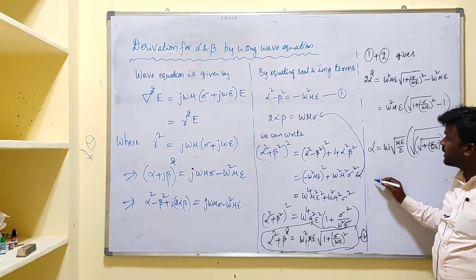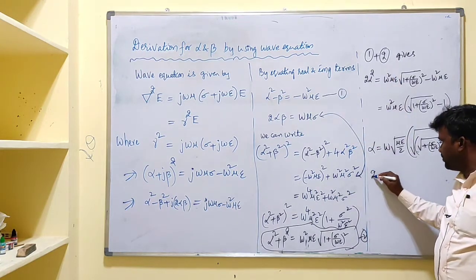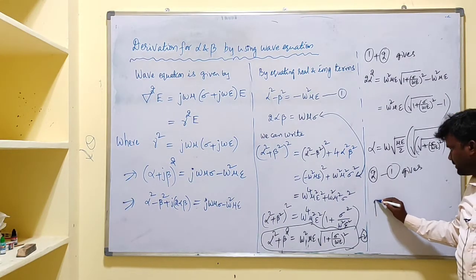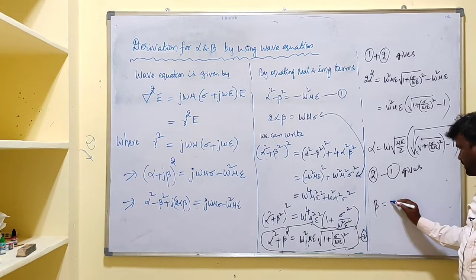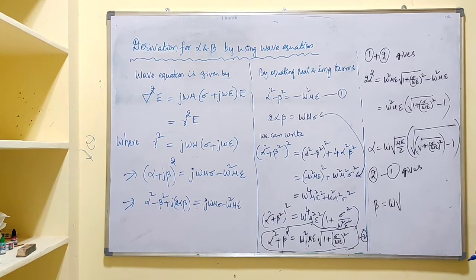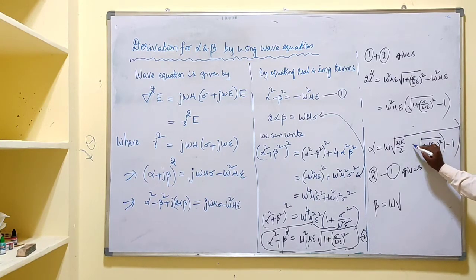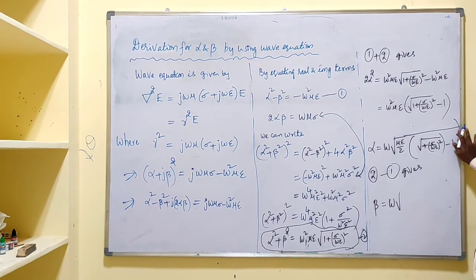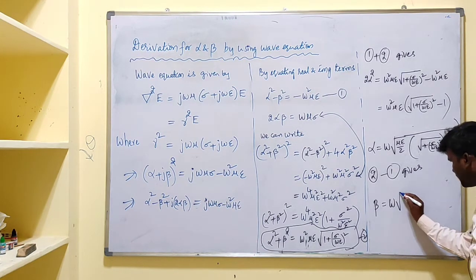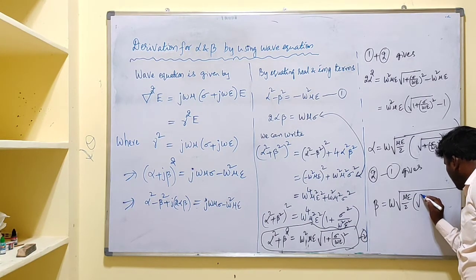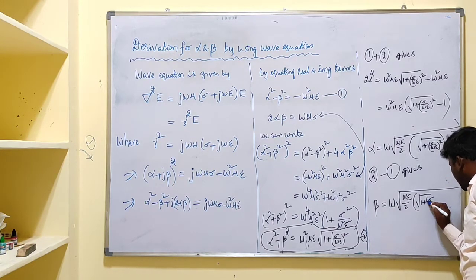Next, if I subtract equation 1 from equation 2, that is equation 2 minus 1, beta is equal to omega under root mu epsilon by 2 under root, into 1 plus sigma by omega epsilon whole square.